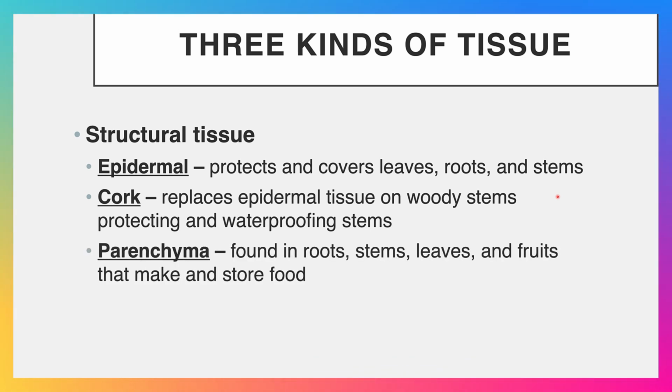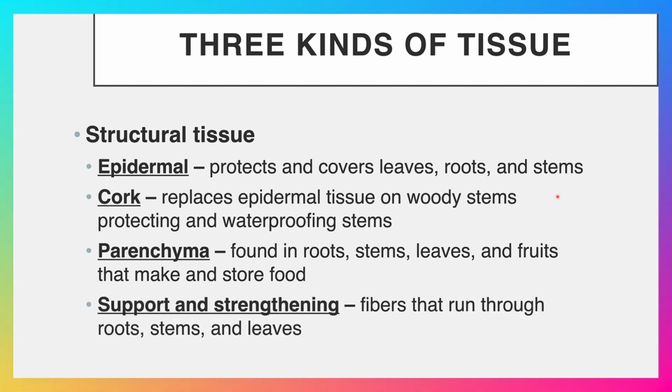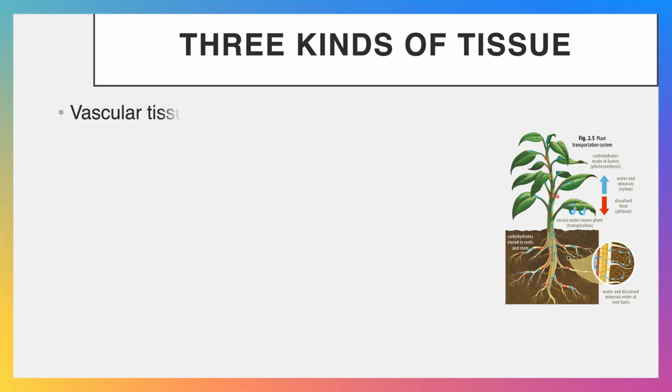And then the parenchyma, which is found in the roots, stems, leaves, and fruits that make and store food. These are all structural tissues. And then lastly, supportive and strengthening tissue, which are fibers that run through the roots, stems, and leaves and do exactly what it says. They support and strengthen these structures.